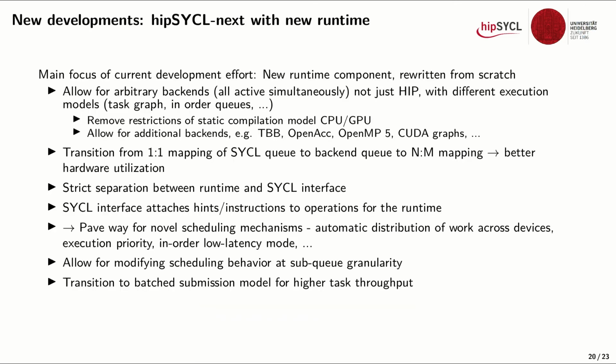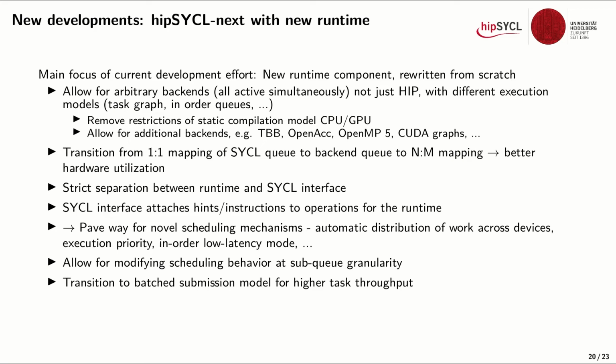Finally, I would like to talk a bit about where we are going and what we're currently working on. The main focus of the current development in hipSYCL is an entirely new runtime, which has been pretty much rewritten from scratch. One of the goals that we want to achieve with this new runtime is to have arbitrary backends interacting and active simultaneously besides HIP, that may have, for example, different execution models.